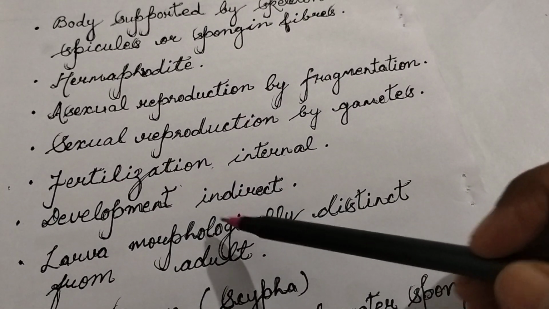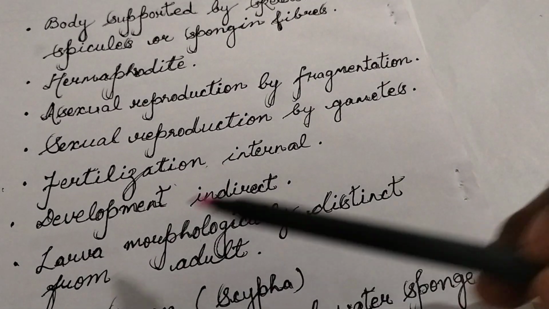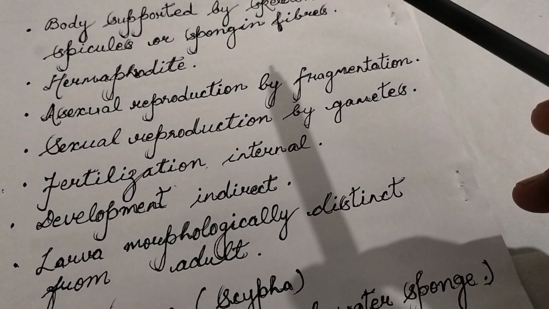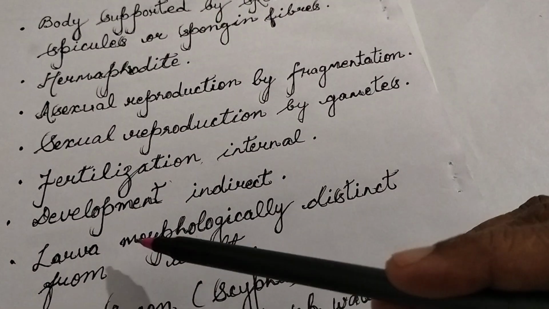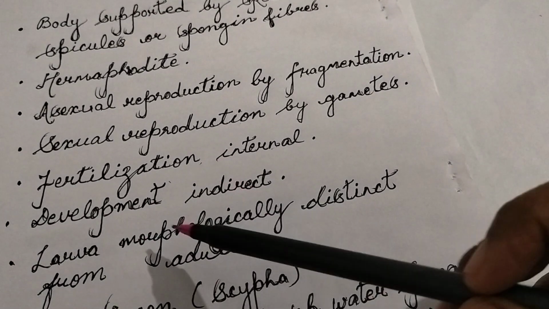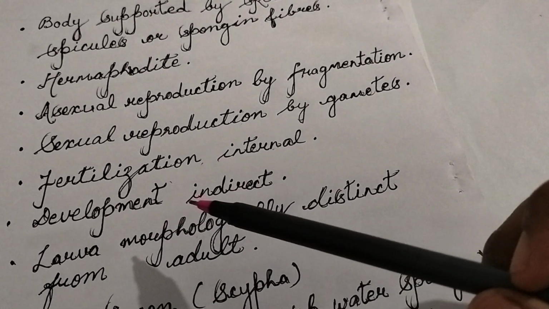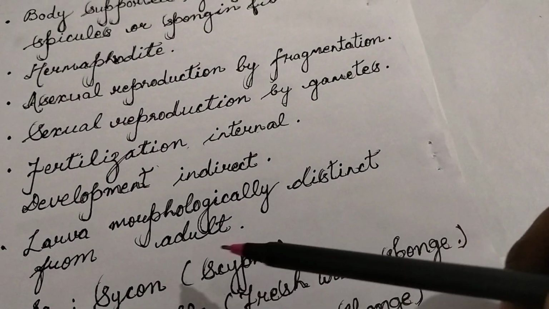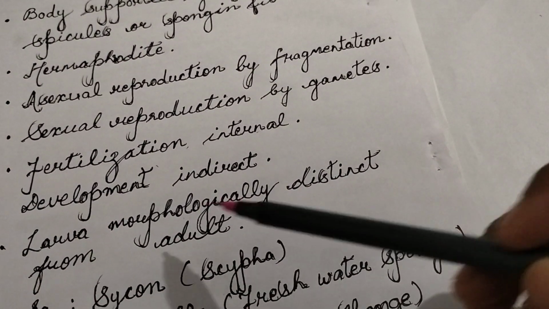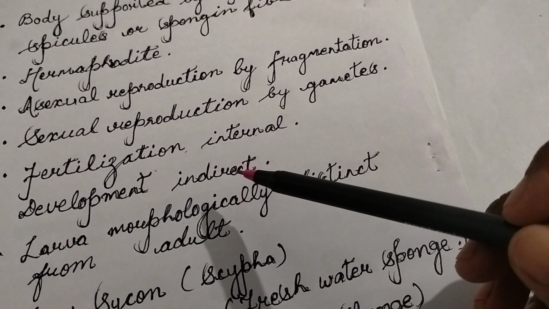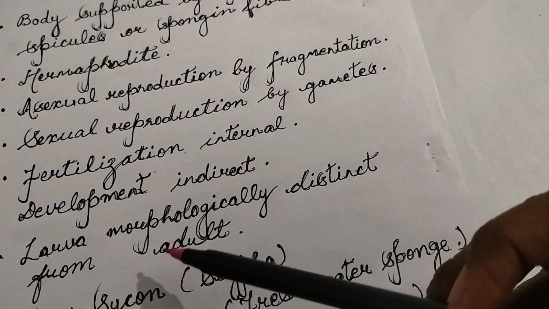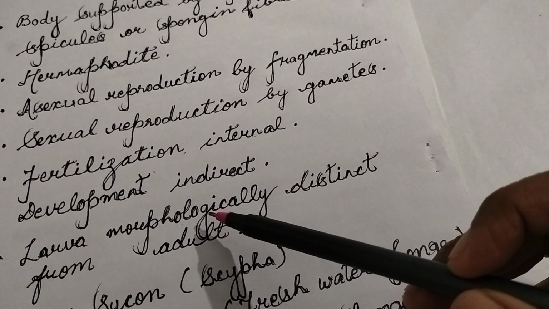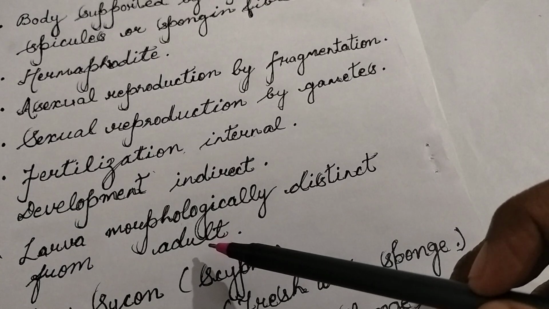In higher animals, as we study further, development is direct, meaning the zygote develops directly into an adult. No larval stage is formed. Here in poriferans development is indirect. There is a larval stage in between, and the larva of the poriferans is morphologically distinct from the adults, meaning externally it doesn't look like the adult.